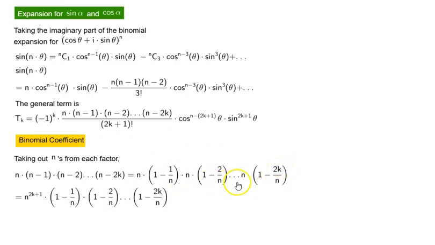How many n's are there? There are 2k plus 1 n's. So we have n to the power of 2k plus 1 times the rest of the factors. So that was the binomial coefficient.